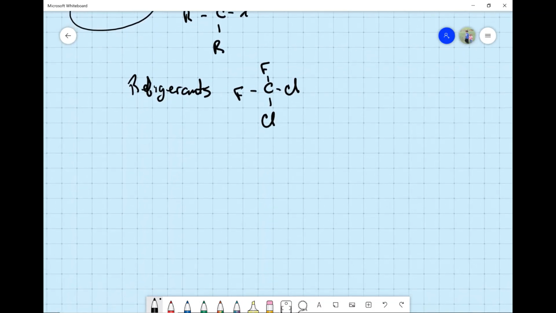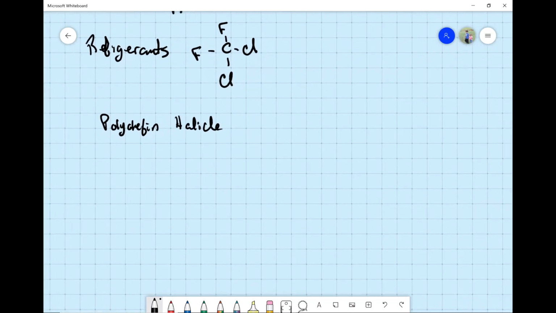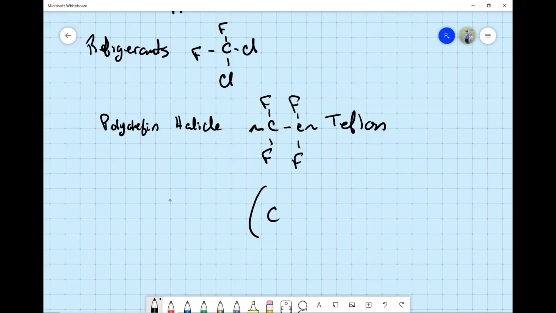Another common halide is a polyolefin halide, which is very, very common. We use it fairly often. It would be this, and Teflon. And I need to draw either a squiggly or parentheses.